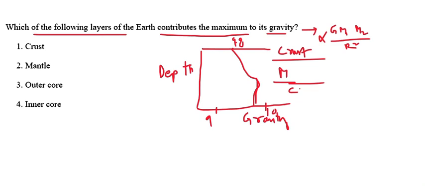Why is this so? The main thing is that with the density, the gravity value increases up to the core-mantle boundary, and then in the core the value starts decreasing. Two or three things on which this depends: material, distance, this r.